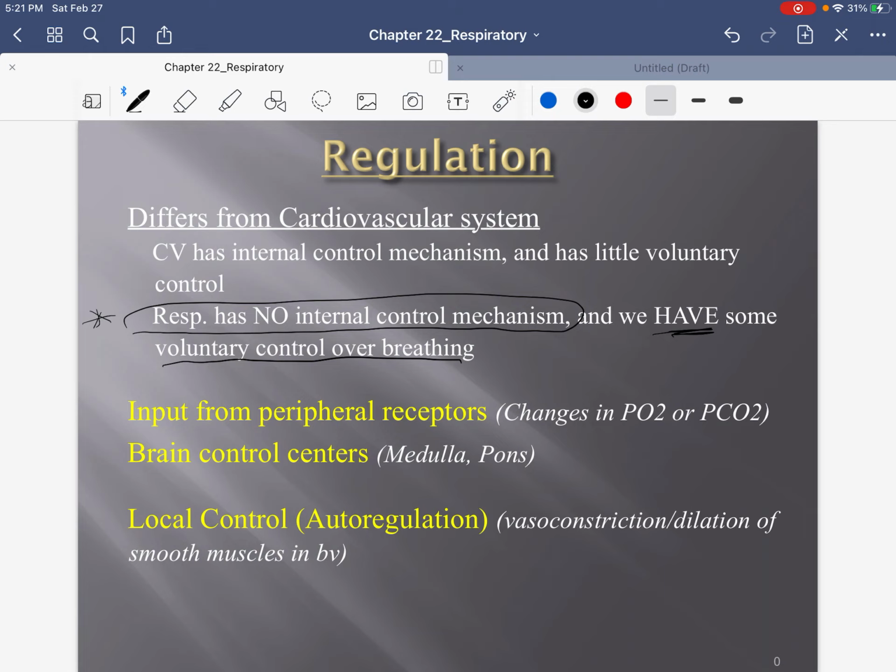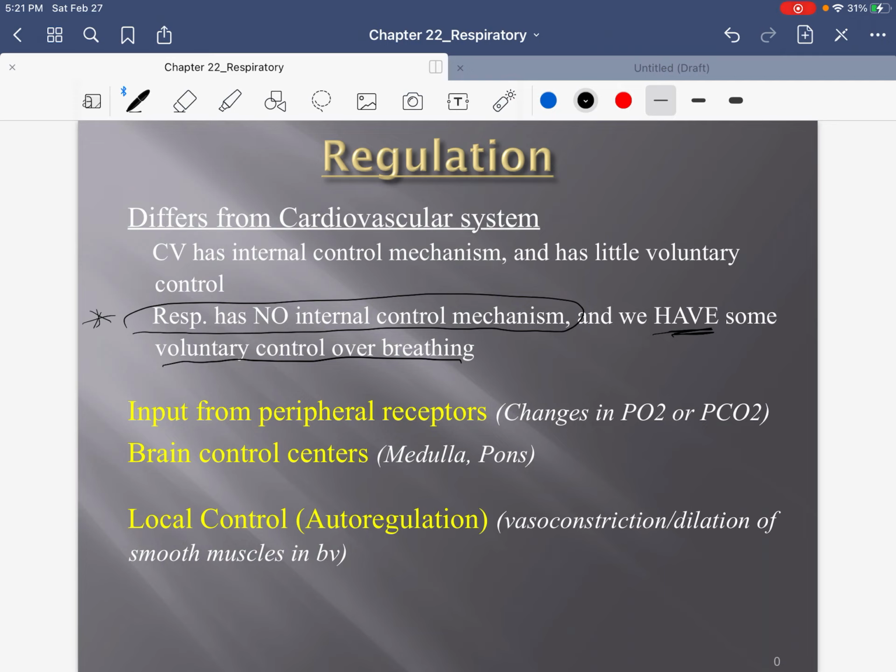So we're going to talk about 3 ways in which the respiratory system is regulated. We are going to see the control centers in the brain. So the brainstem, the medulla, and pons. If we think back to the cardiovascular system, the medulla was a main cardiovascular regulating center.